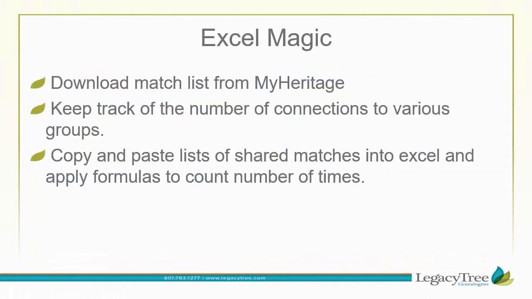I'll just close by pointing out that this approach, while we went through it in the context of the interface at MyHeritage, can also be done in an Excel spreadsheet. And MyHeritage allows you to download your match list, and that might be an excellent place to keep track of not just whether a match is a shared match to independent descendants, but how many independent descendants they are matching.